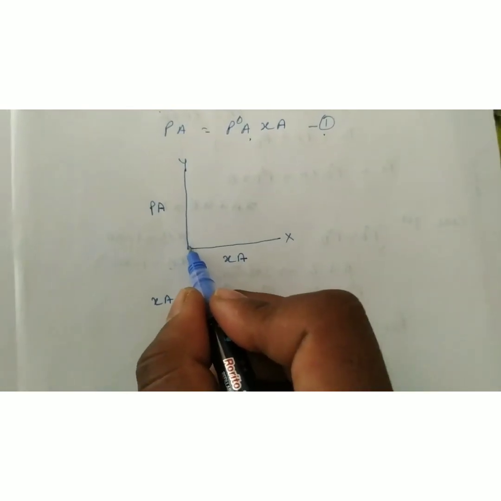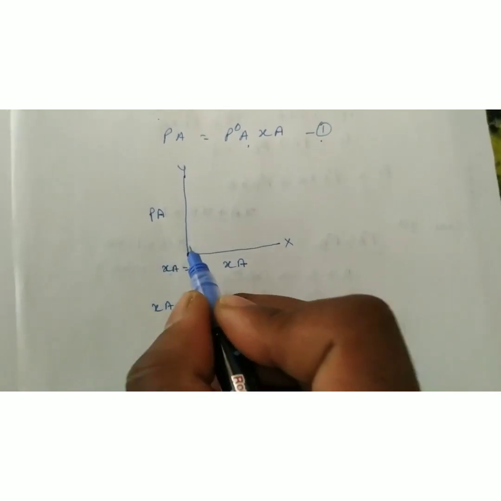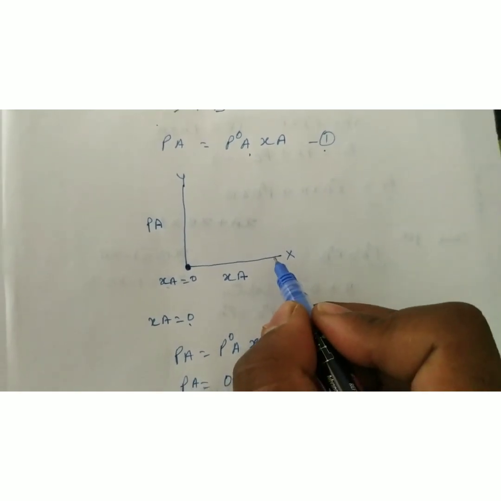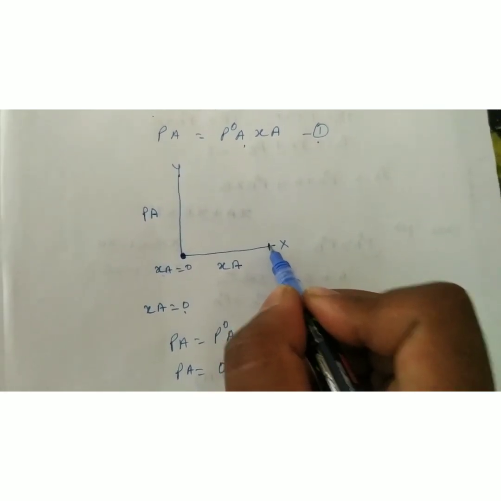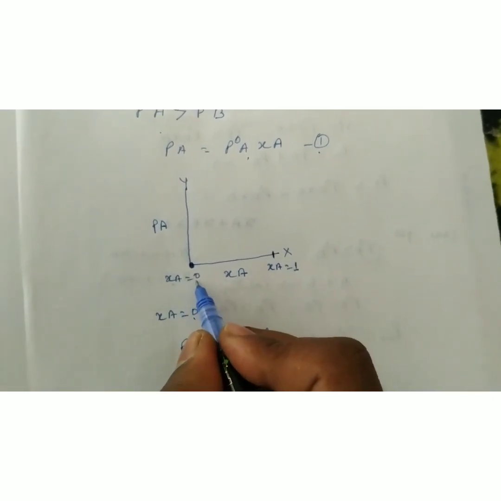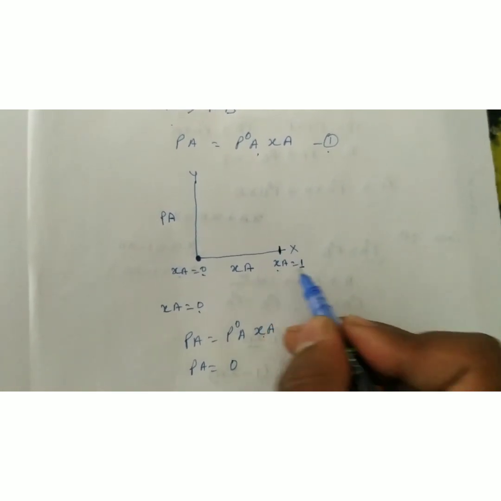So this is the origin point, XA equals 0 and PA equals 0. Suppose this is the point where XA equals 1, because the value is between 0 and 1.